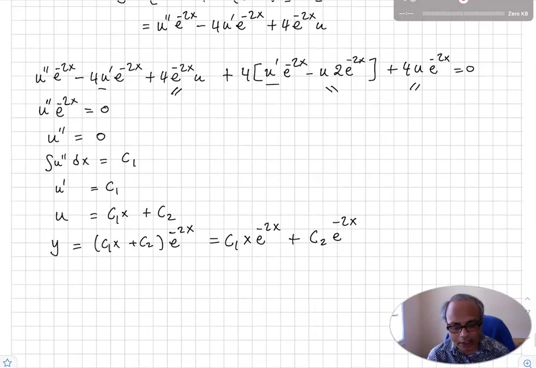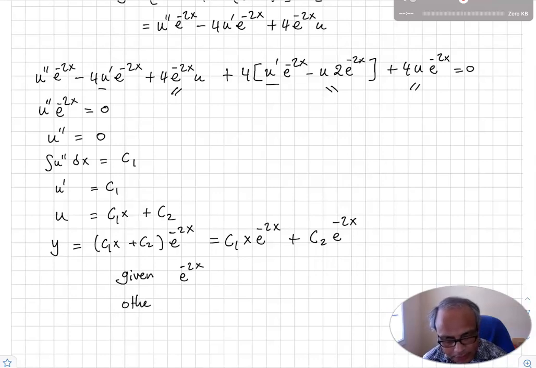So e to the power minus 2x was given. Other solution, which is found, x e to the power negative 2x, and the linear combination is the general solution.